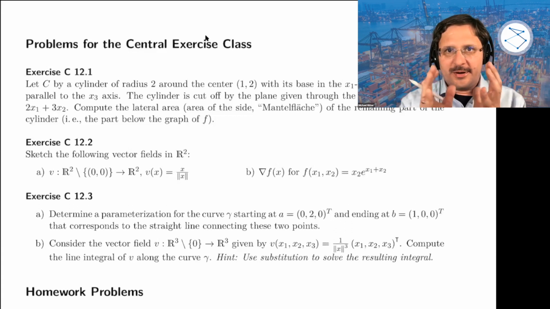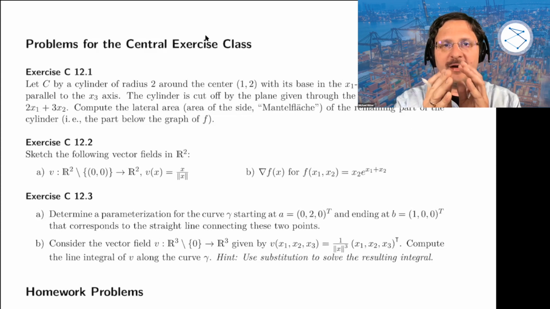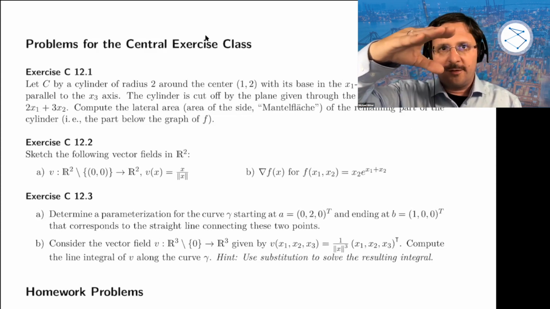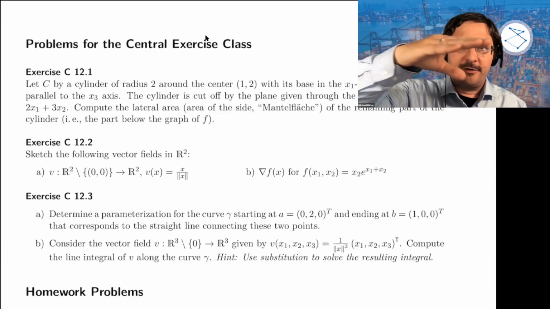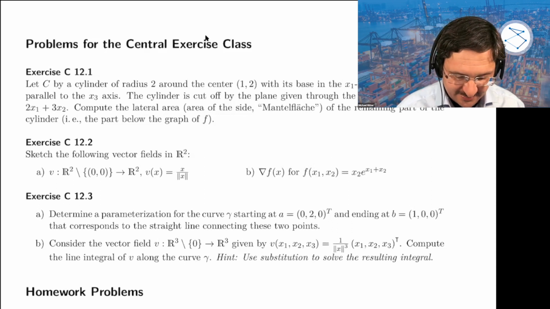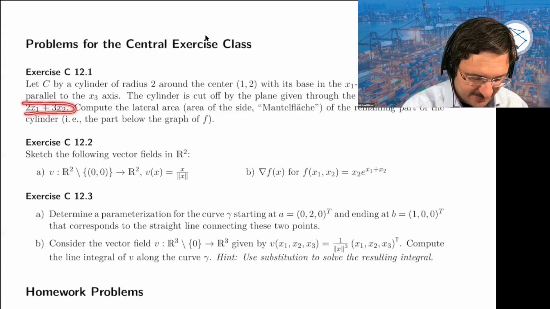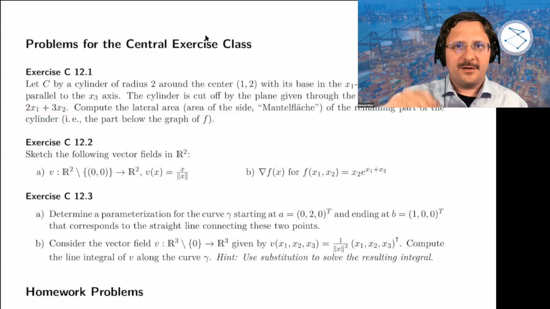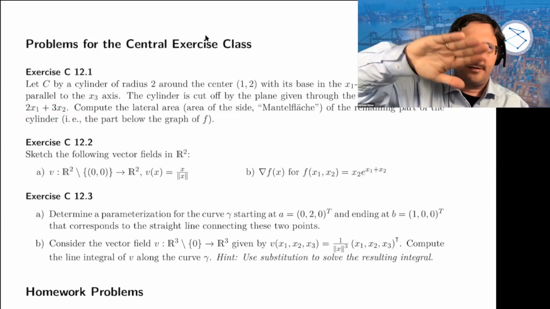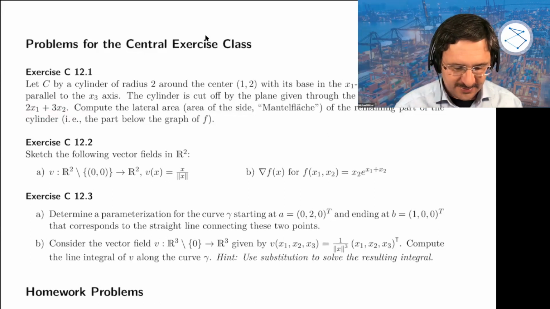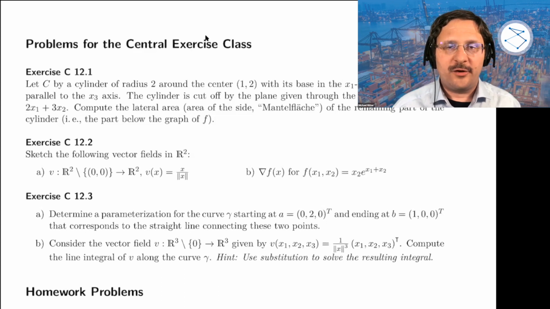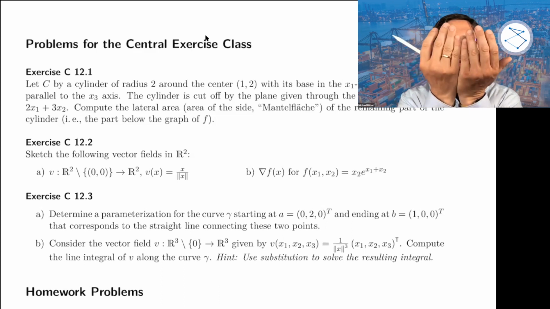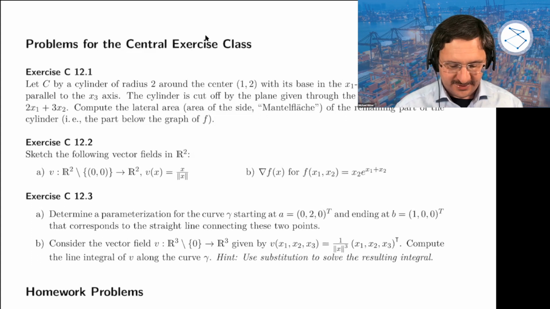And the question is, we have this cylinder here and we cut it off at the top, not by a straight plane parallel to the x1, x2 axis, but instead by the surface of a function, and that is the function f here. So basically, that's a plane that's skewed a little, something like this. This cuts through the cylinder. And the question is, what is the lateral area? So the area, basically this area here around the cylinder.